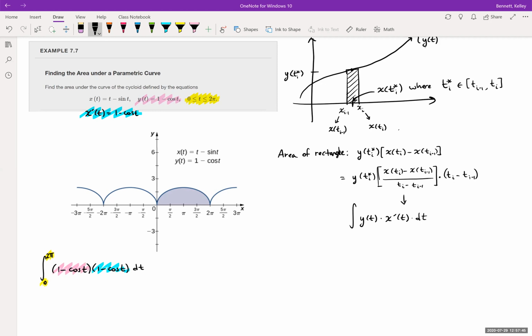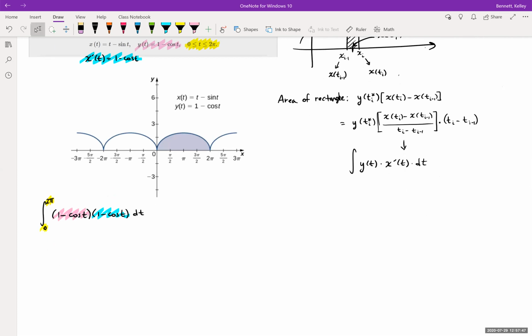So we're just going to expand, work our trig magic, and integrate. This becomes the integral from 0 to 2 pi of 1 minus 2 cosine t plus cosine squared t dt. Because I can't integrate cosine squared of t as is, I'm going to rewrite it in the following way, which you will remember from earlier in the semester.